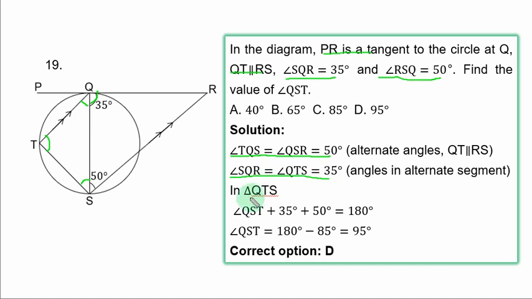In triangle QTS, if you add the three angles, their sum is 180, and you have QST that you are asked to look for. So QST is equal to 180 minus 85. If you transfer the sum of these two angles, you have 95 degrees. D is the correct option.